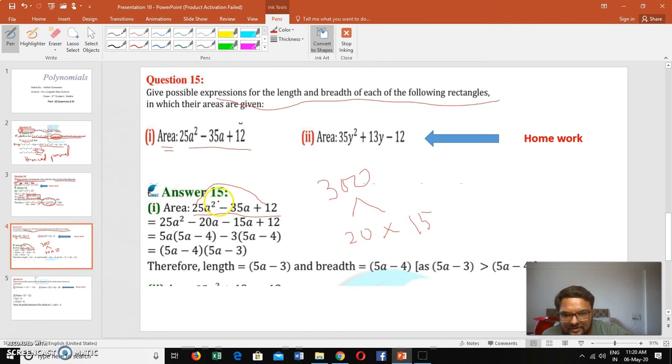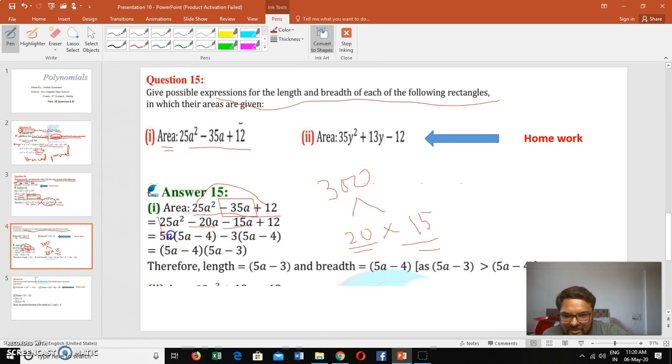We split the middle term, minus 35a, in such a way that these two values have a negative sign, because minus 20a and minus 15a together give you minus 35a. So in place of minus 35a, I have written minus 20a and minus 15a.